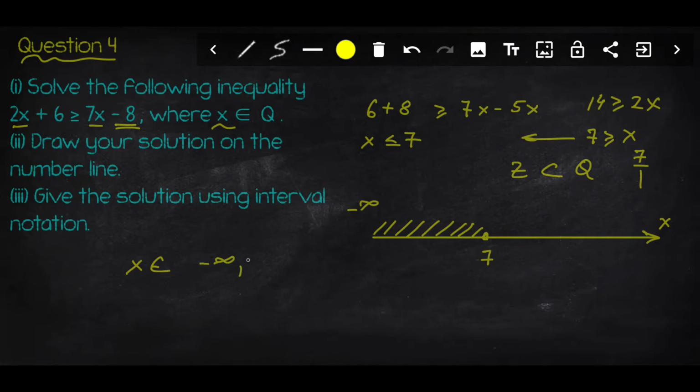I'm going to use a square bracket here because I will include this boundary value, because the inequality sign also allows x to be equal to 7. And round brackets on the left side, because both plus and minus infinity should have round brackets.